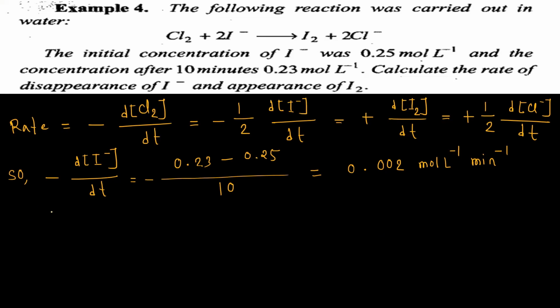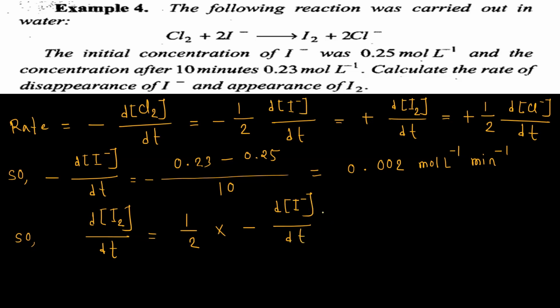And we have to calculate the appearance of iodine. So the appearance of iodine d[I2] upon dt is equal to half multiplied by negative sign d[I minus] upon dt.